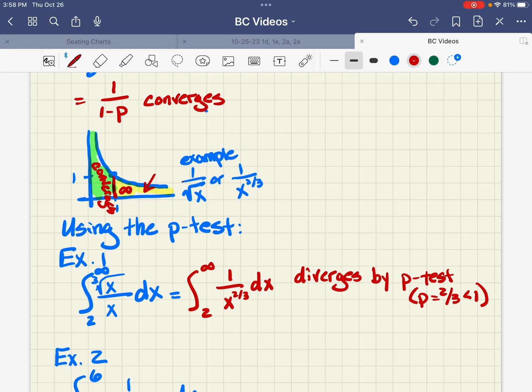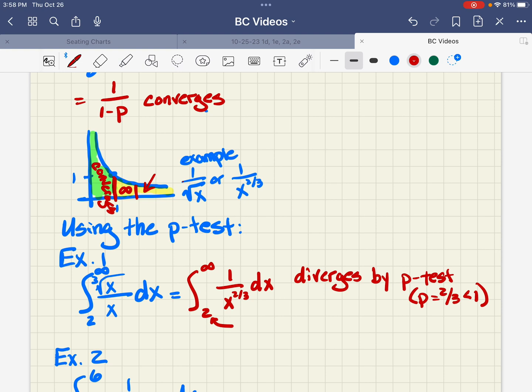Now notice that number isn't a 1, right? So it doesn't actually matter in this picture we have up here whether I break it at 1 or I break it at 2 or somewhere else. The convergence or divergence is way off on the right or way over on the left.